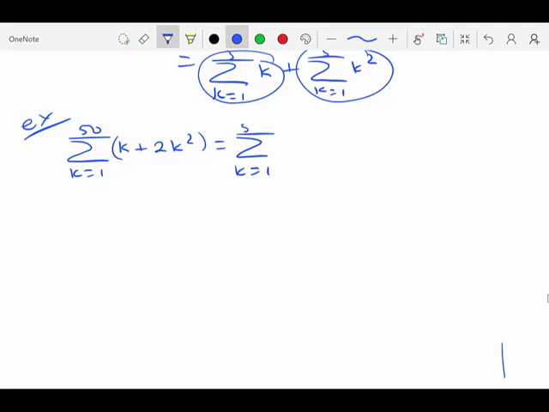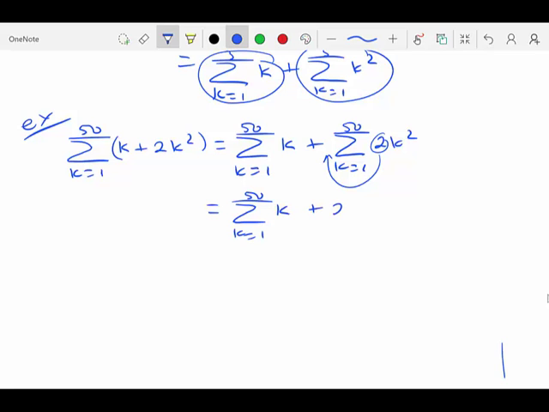The sum as k goes from 1 up to 50 of k, and then the sum as k goes from 1 up to 50 of 2 times k squared. Then I could take this 2 and move it outside of the sum. So it's the sum as k goes from 1 up to 50 of k plus 2 times the sum as k goes from 1 up to 50 of k squared.